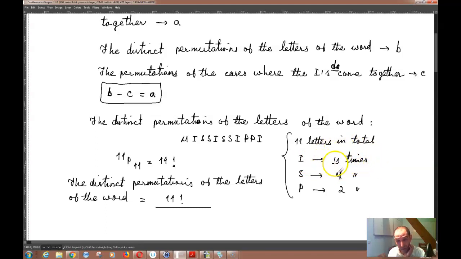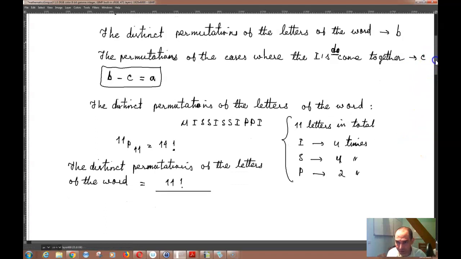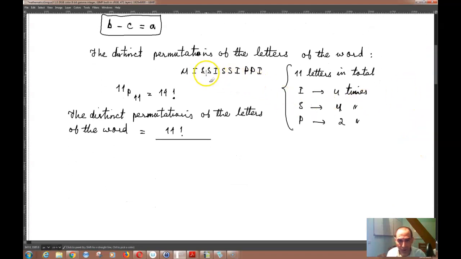So you need to calculate the permutations related to this I. You can imagine that, for example, you have 4 I's over here, 4 letters, and these will be repeated.